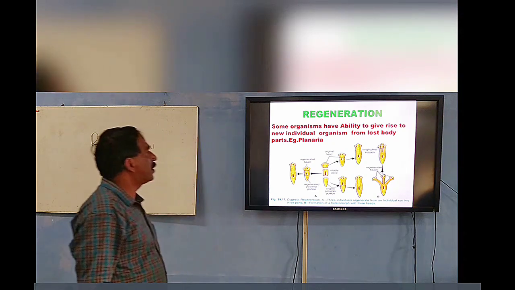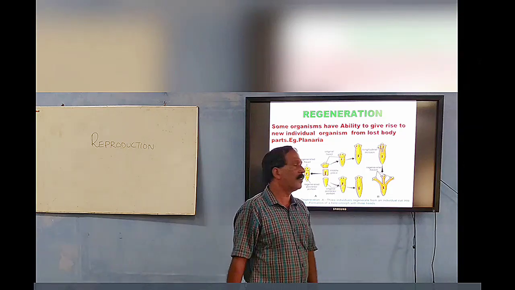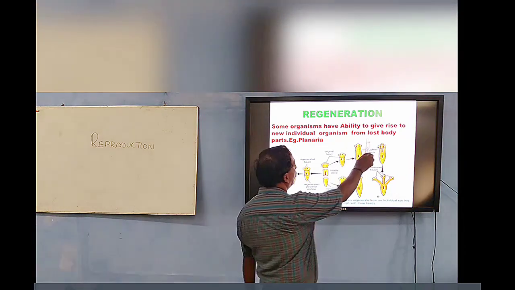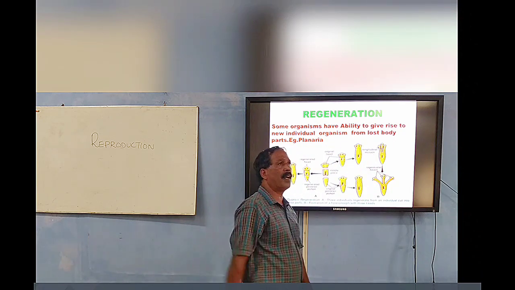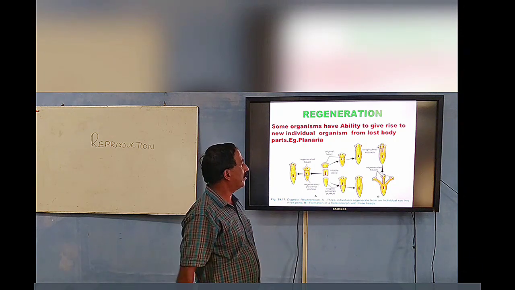Next type, regeneration. Regeneration is also a kind of asexual reproduction. In the case of a wall lizard, if the tail is cut off, the tail can be formed again.